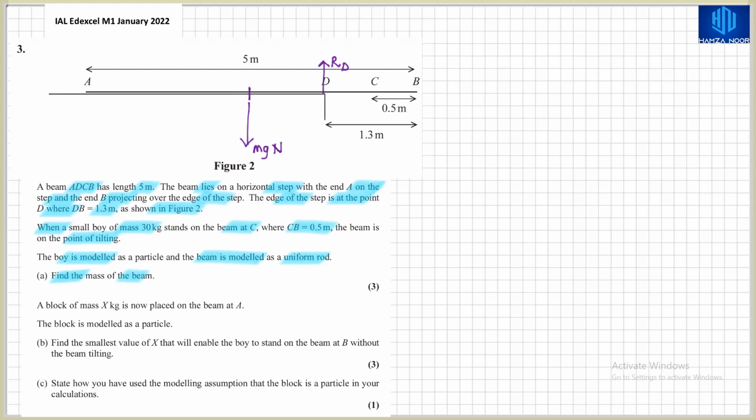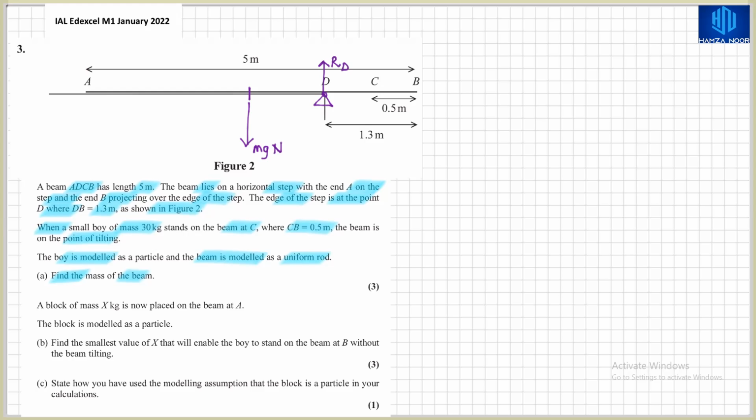And you might be wondering whether there would be a normal reaction force at point A or not. The answer is that there is no normal reaction force at A. Why? Because at this point D, you have the edge of the step, and this edge acts like a support. So how do we actually identify where to keep a normal reaction force and where not to?